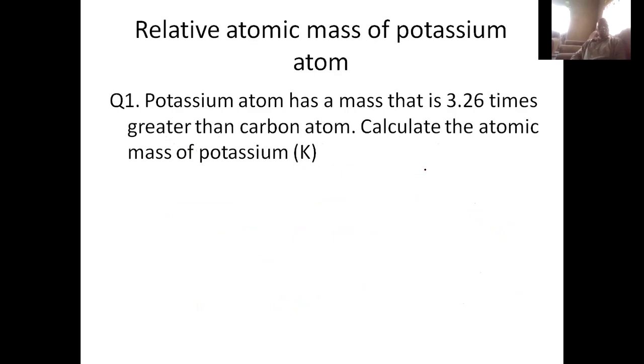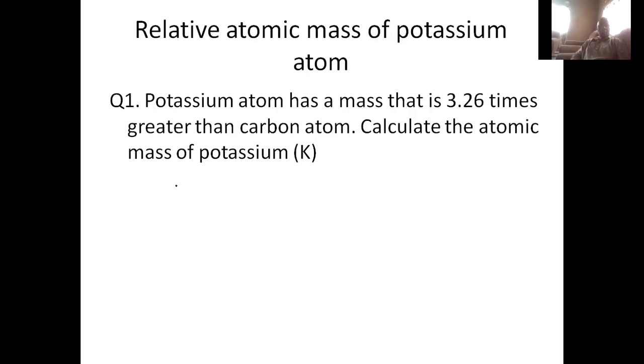And so here we will look at this comparison that we have talked about. For example, let's look at the relative atomic mass of potassium atom. And so here's the question. Potassium has a mass of 3.26 times greater than carbon atom. Calculate the atomic mass of potassium.